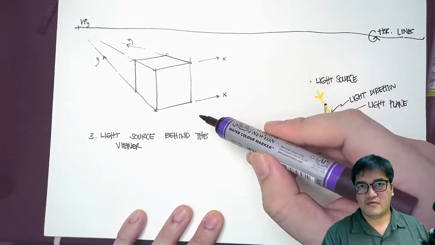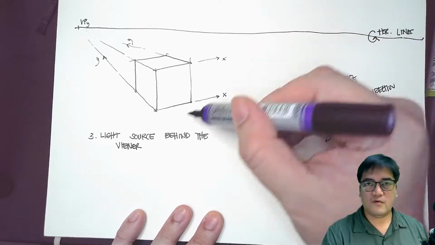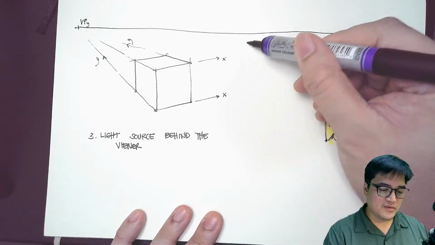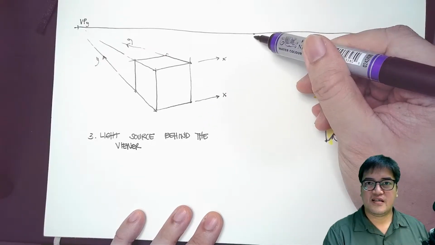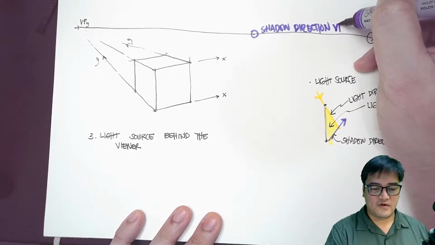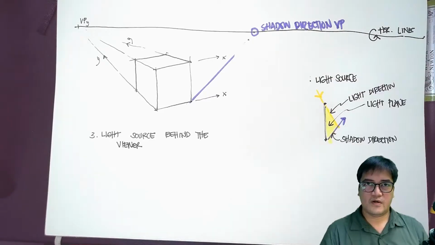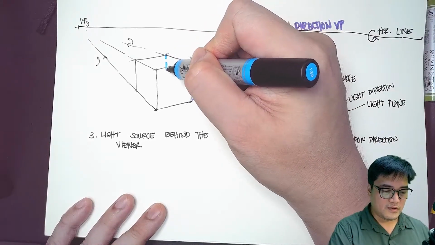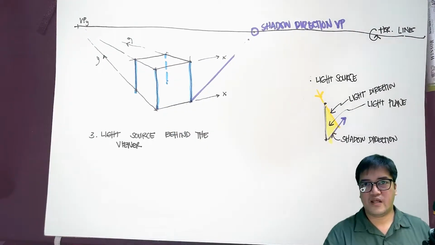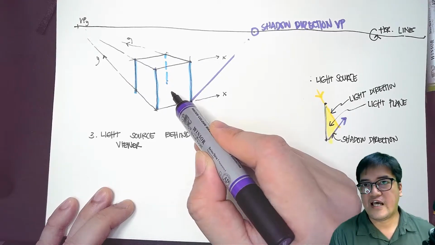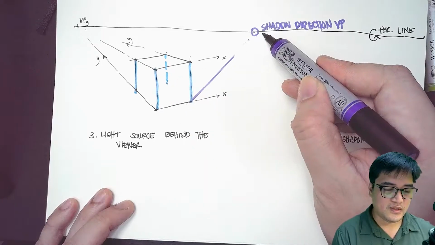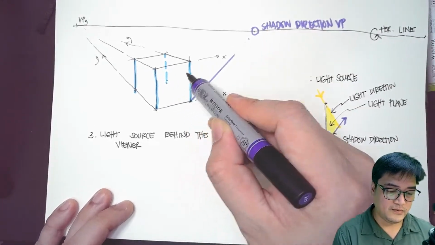The simplest way to do this is to first determine, of course, where our shadow vanishing point is supposed to be. You could determine this by designating that as your shadow direction VP, or vanishing point. And of course, we first need to determine where the vertical lines or edges are supposed to be, in blue. That's where we can determine where the shadow direction line originates from and goes towards the shadow direction vanishing point.